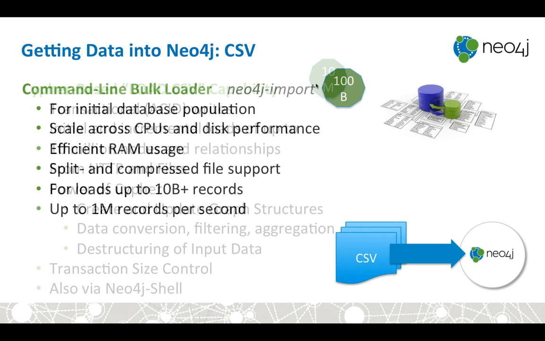And this LOAD CSV is a capability that allows you to load CSV files from HTTP URLs or file URLs into your database. Each row of the CSV will be made available to your Cypher statement. And then from those rows, you can create or update graph structures as you like. So you can find nodes, update data there, create new nodes, create new relationships, and so on.